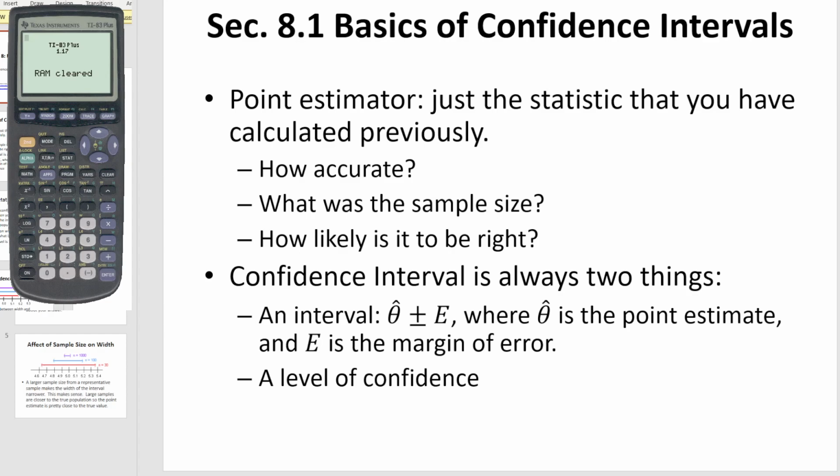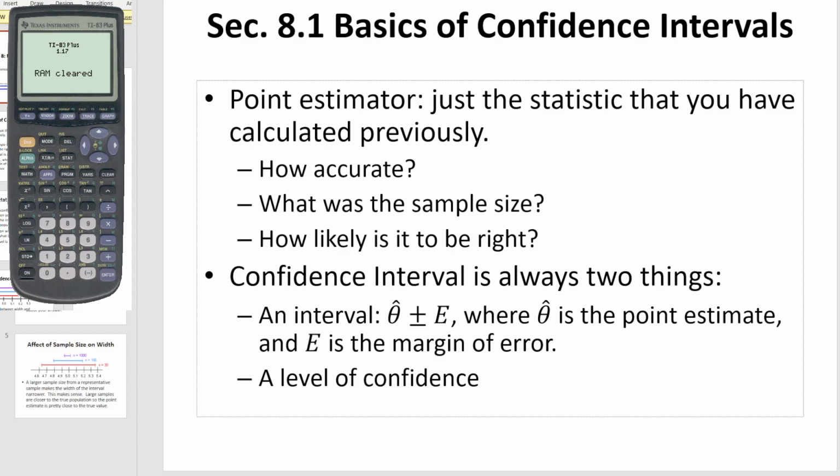If we wanted to estimate the population proportion p, we would use the sample proportion p hat. In general, if we want to estimate any population parameter, theta, we call the sample statistic theta hat. This is the Greek letter theta, but with a hat over it.